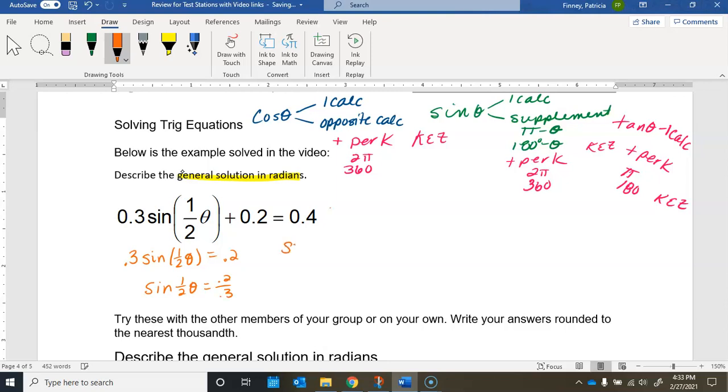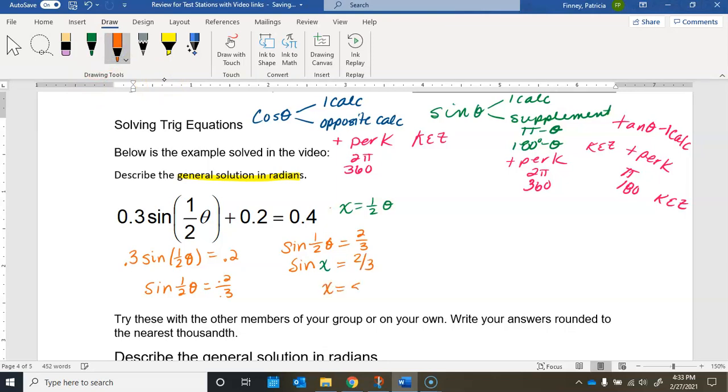So that tells me that the sine of 1/2 theta is really 2/3. Now this 1/2 theta here is kind of tricky, so I'm going to say that x is 1/2 theta. So now I have the sine of x equals 2/3.